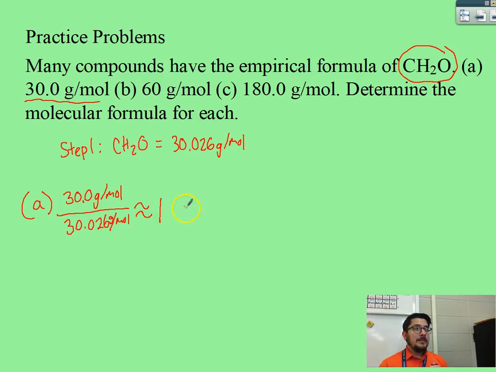So that's telling me that this molecular formula for letter A is 1 times bigger than the empirical formula. So if I take CH2O and I multiply all those little subscripts by 1, I'll get the exact same formula. And this is the molecular formula for letter A.